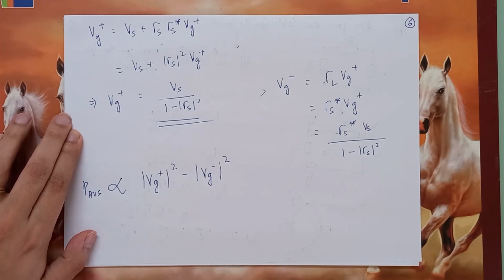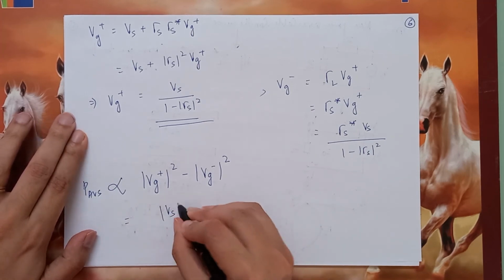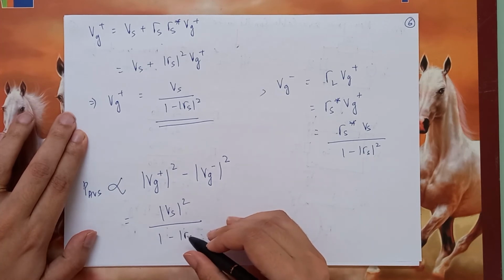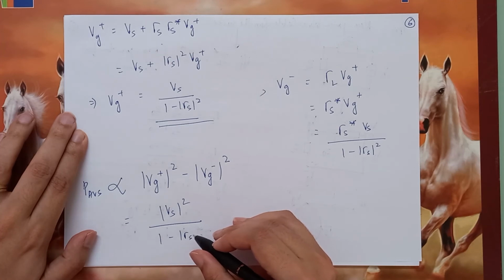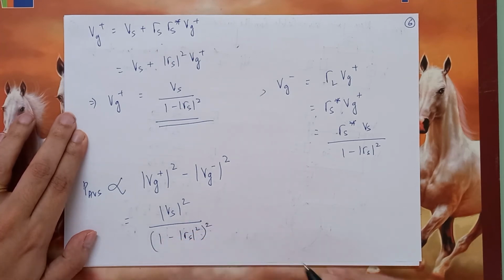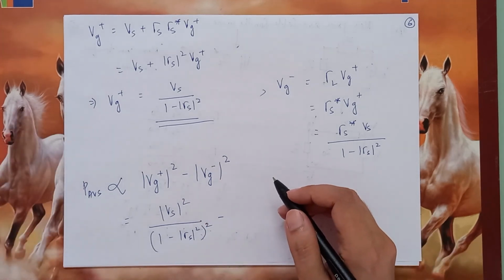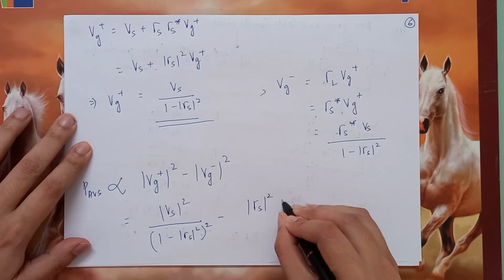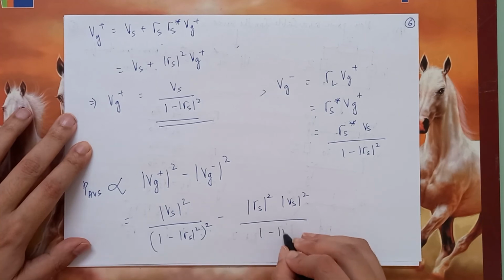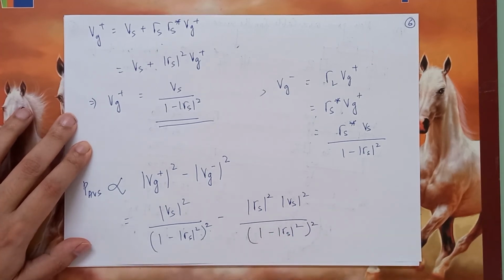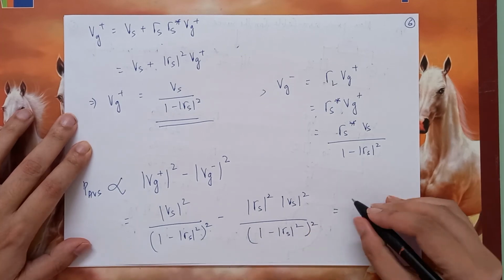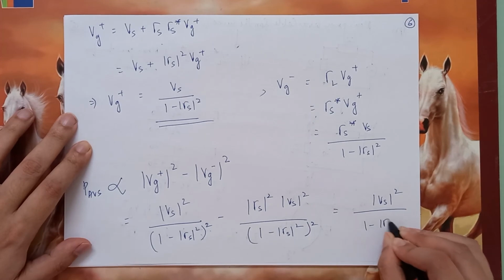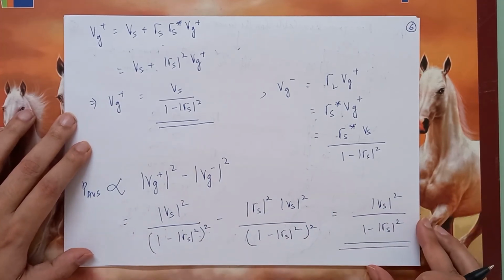And you can very easily substitute and see that it is nothing but... Yes, so if you take this, you will have 1 minus gamma square in the numerator, and in the denominator you have 1 minus gamma square the whole square, and there will be cancellation, which will make it mod Vs square divided by 1 minus mod gamma S square. This is the maximum power available from the source.